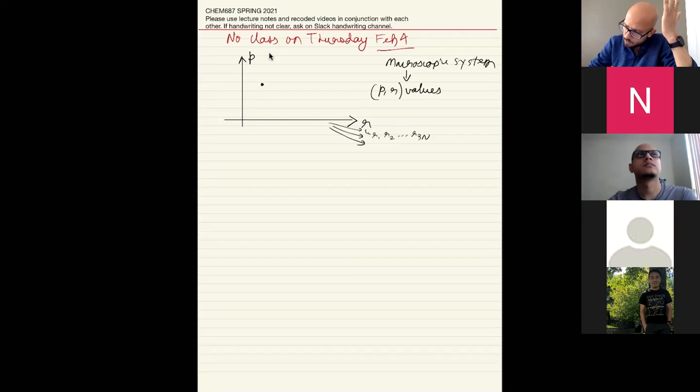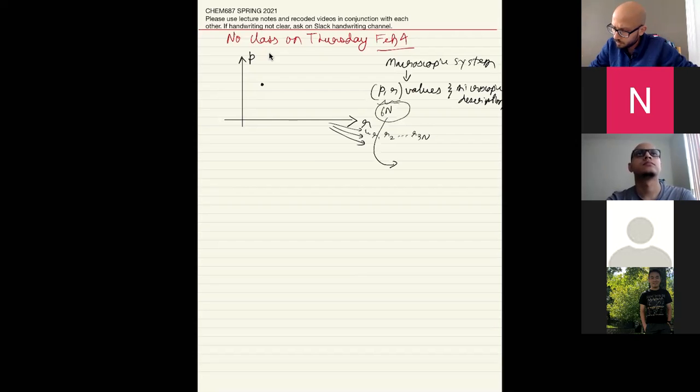If you do that, then this is a microscopic description of the actual macroscopic system. You have a physical system, it could be a battery material, it could be a protein, whatever you have. And if you use all these 6n numbers, then you have a microscopic description of this macroscopic system.